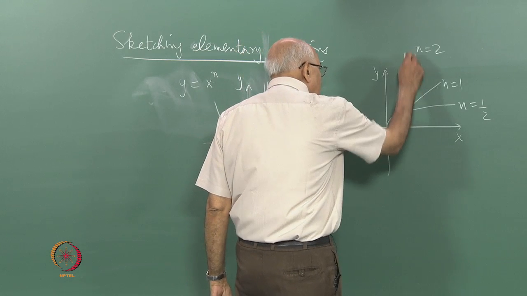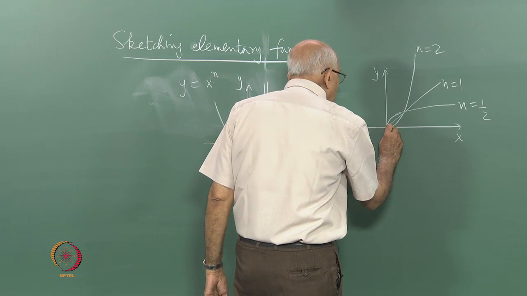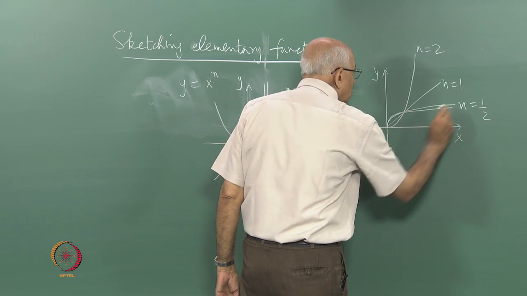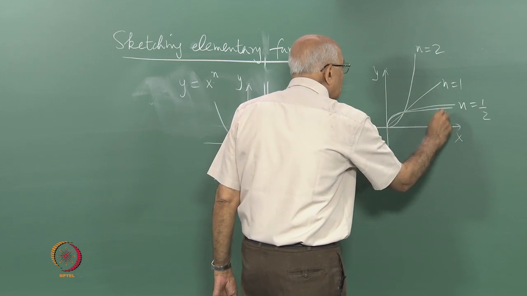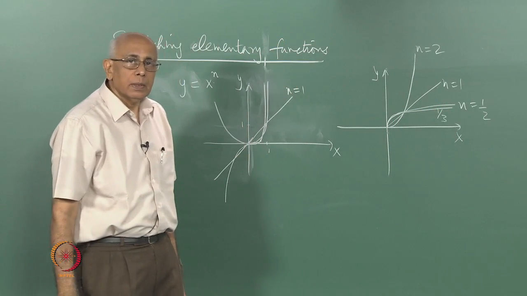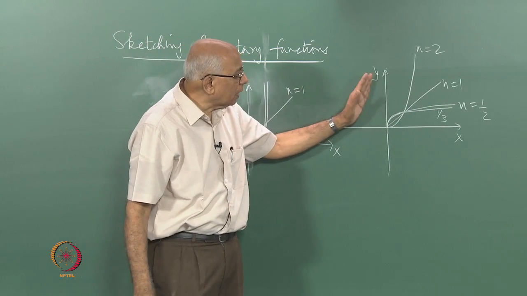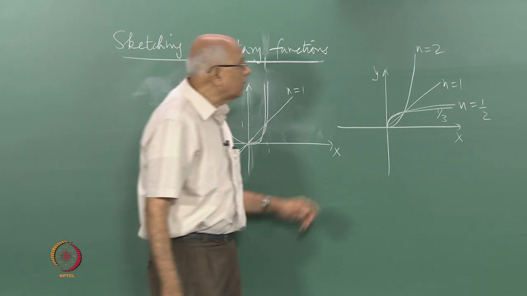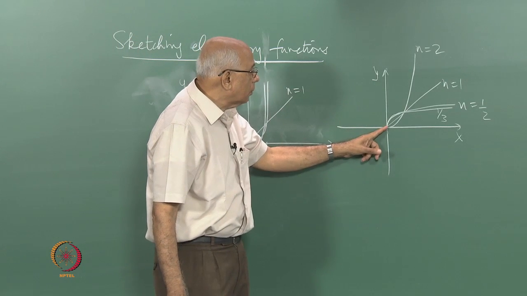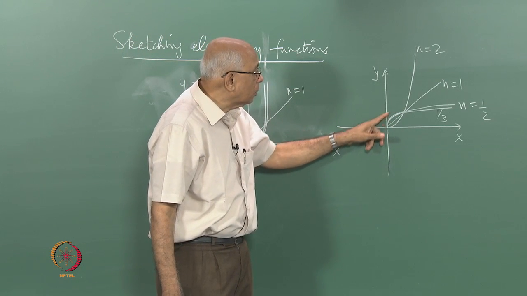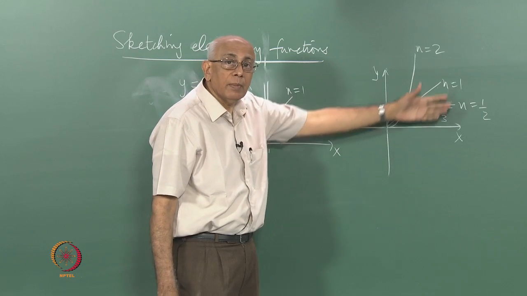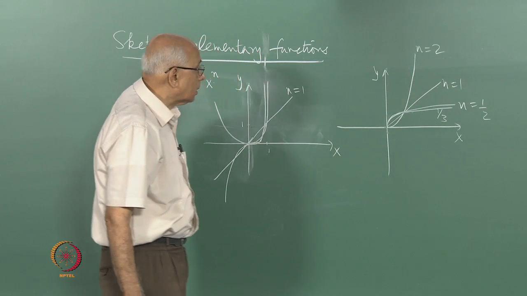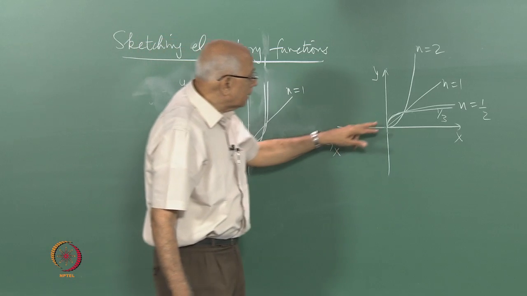Just like x cubed was flatter and steeper, this fellow is steeper here and also goes to infinity but a little slower, etc. So we have this whole family of curves x to the n where n is a positive number. As n goes to 0, the graph essentially goes flat at 1 and remains 1 after that.